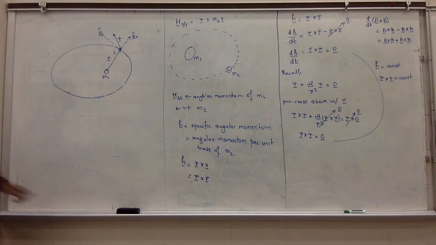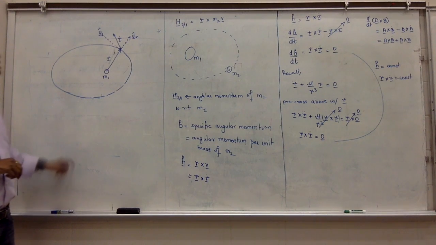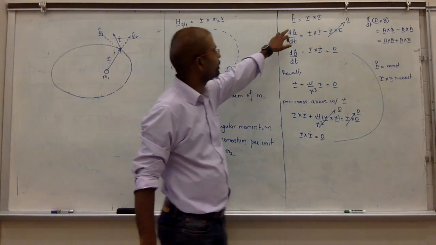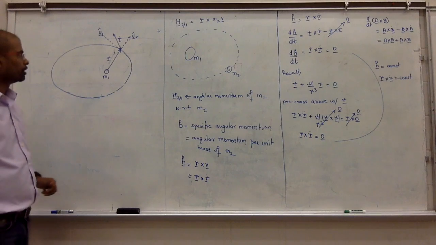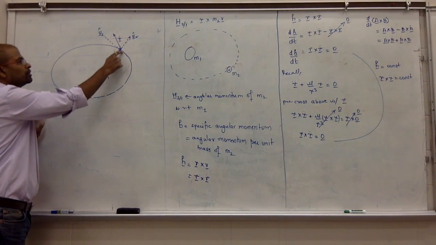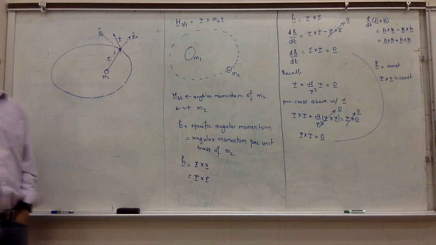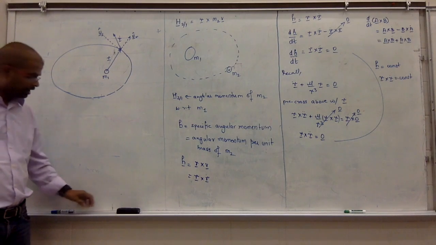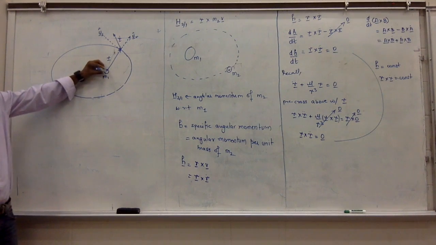And how we have to understand that is, what is this H? How did we define H? R cross R dot, right? So if you take R crossed with this, where will that vector be? Perpendicular. It will be coming out of this. That vector will be like this.